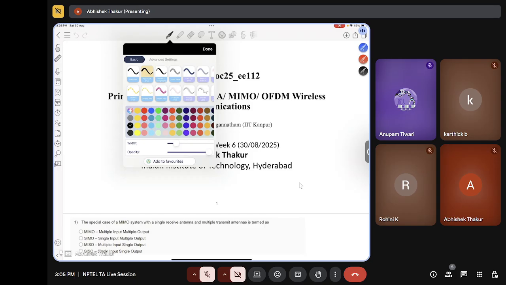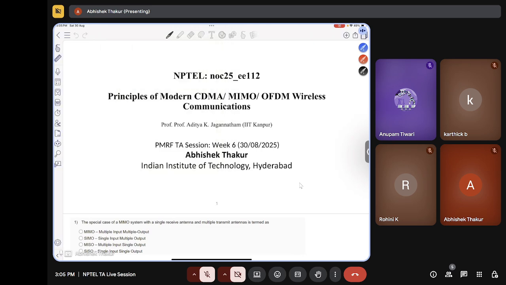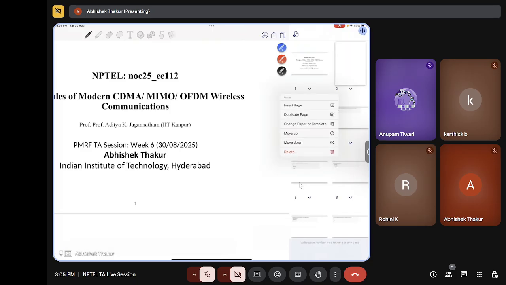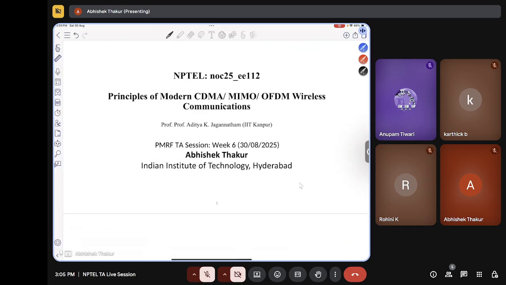First we will see the multi-user CDMA system. Then we will study the MIMO system and the rake receiver, and we will solve a question related to that.